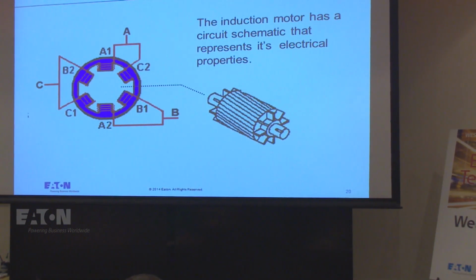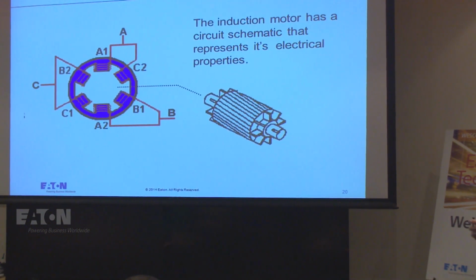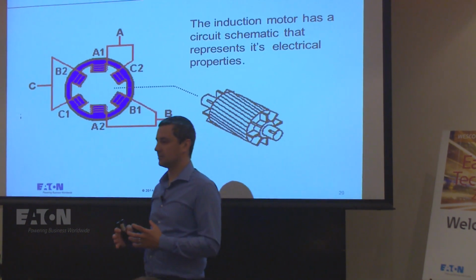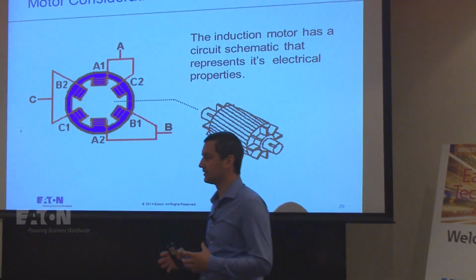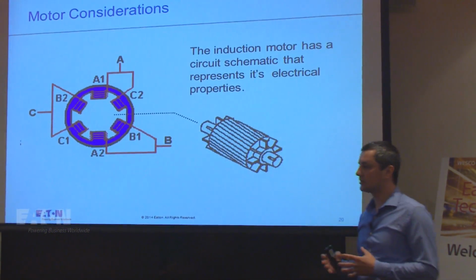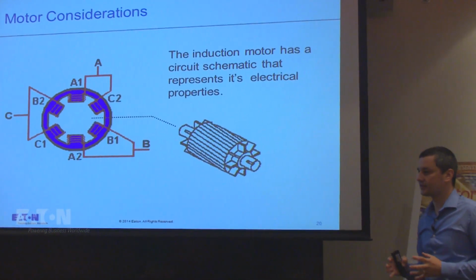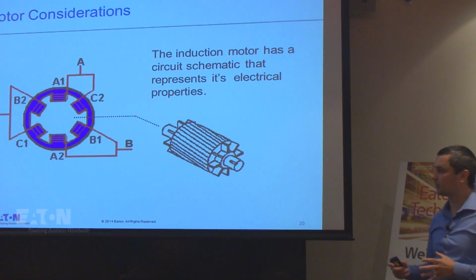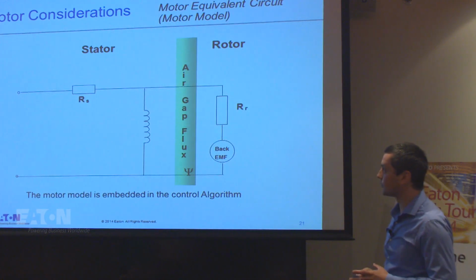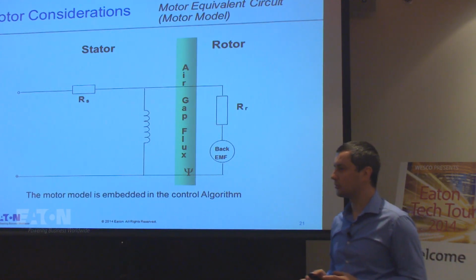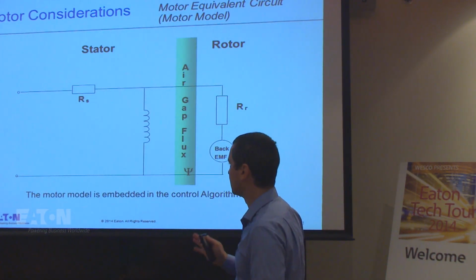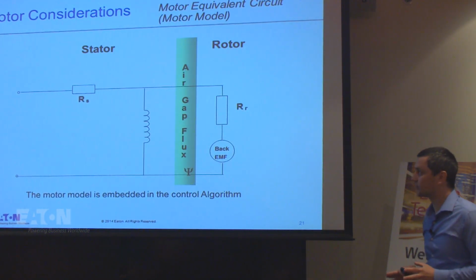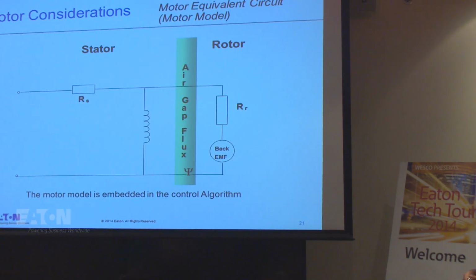Okay. Now, how did they build the algorithm and the theory behind the VFD drives? They took the motor and they translated that into an electrical circuit, okay? So if we're looking at our motor, it's going to look pretty much like this in an electrical diagram. So you're going to have your stator, you're going to have your rotor.